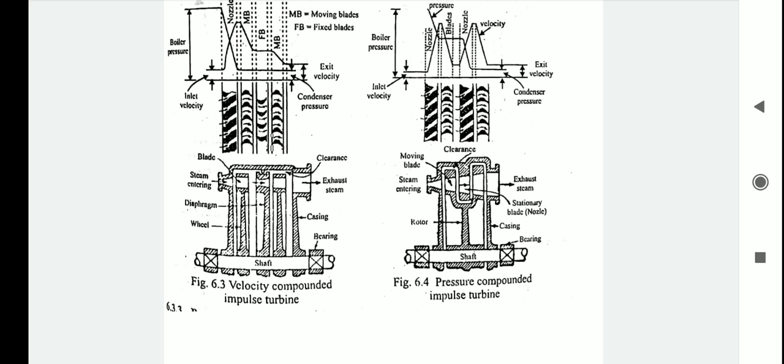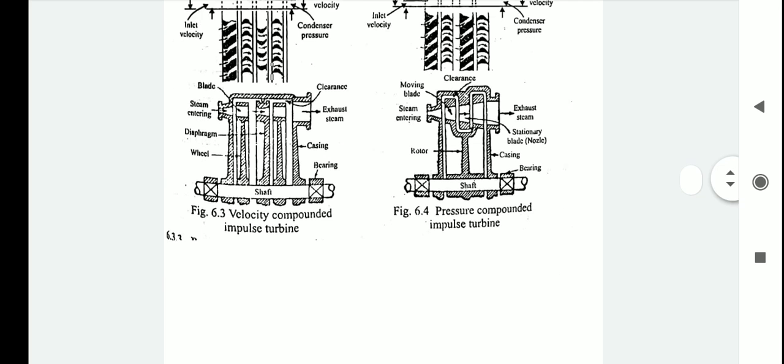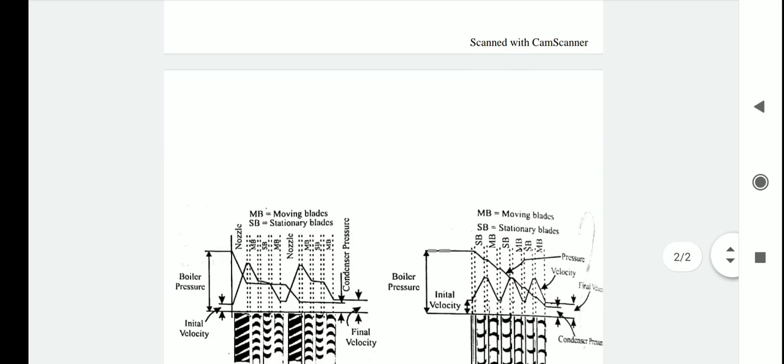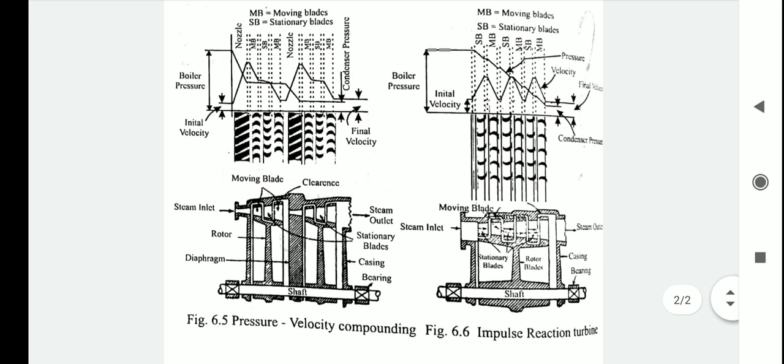It is usual in large turbines to have pressure compounded or reaction stages after the velocity compounded stage. So this is about the pressure compounded impulse turbine. Next we move on to pressure velocity compounding.